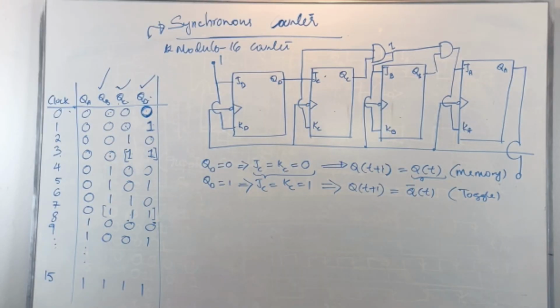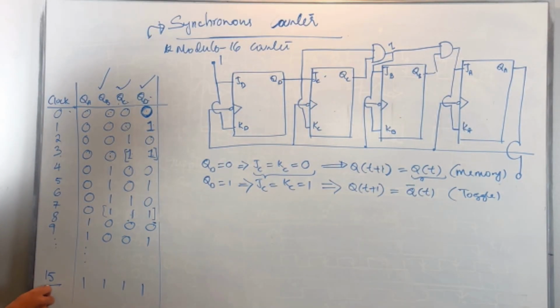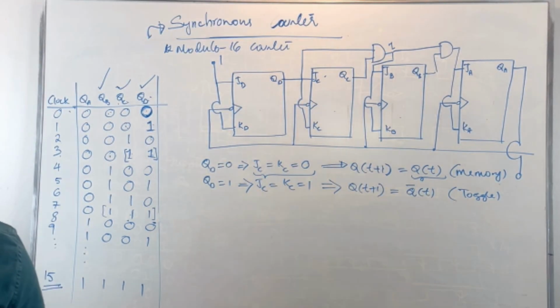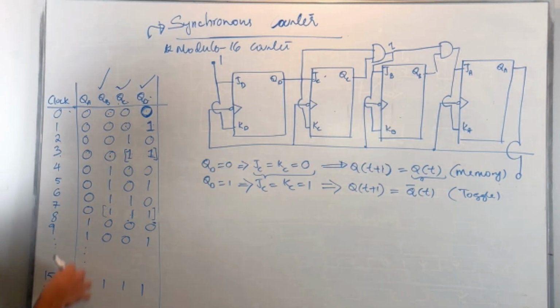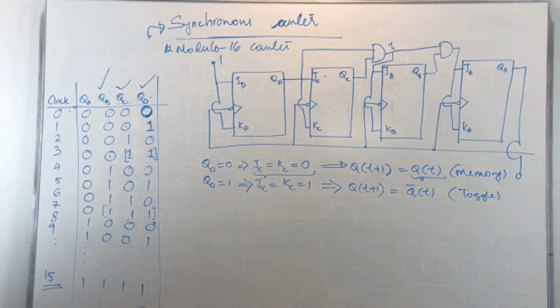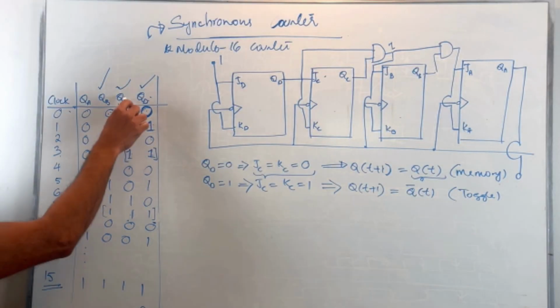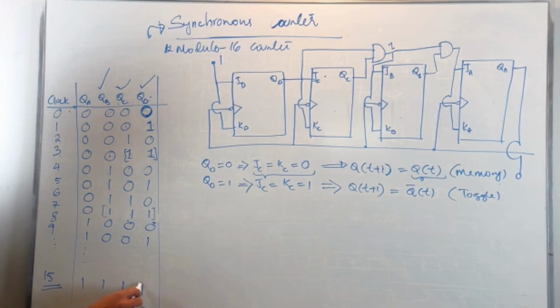Okay, so the question is, what happens after the count of 15? After a count of 15, everything gets reset back to 0, 0, 0, 0, right? Because QD obviously goes to 0. QC, because this is 1, gets triggered, that's 0.